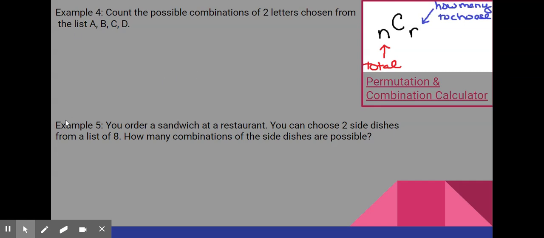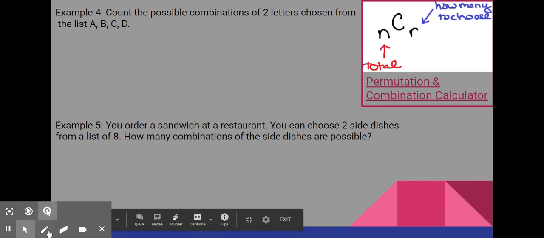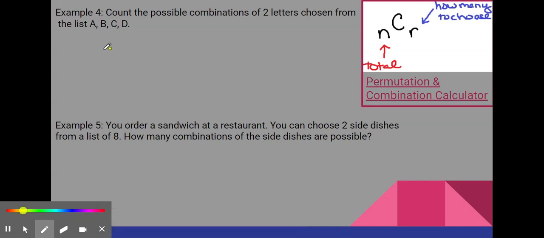We have the possible combinations of 2 letters from the alphabet of ABCD. Okay, great. So I have 4 letters total, and I'm choosing 2 of those letters. Combinations, so the word is there.